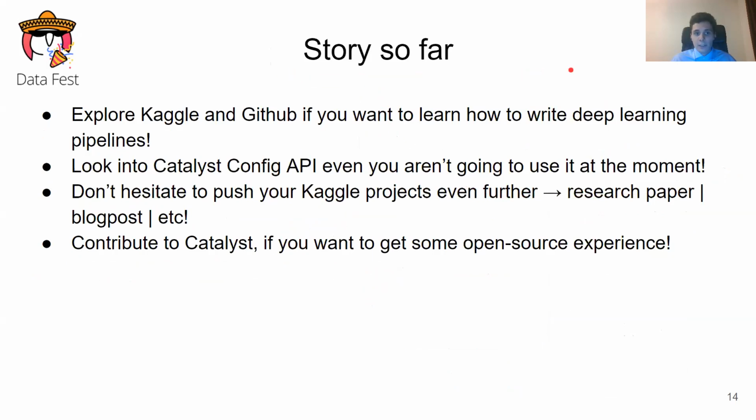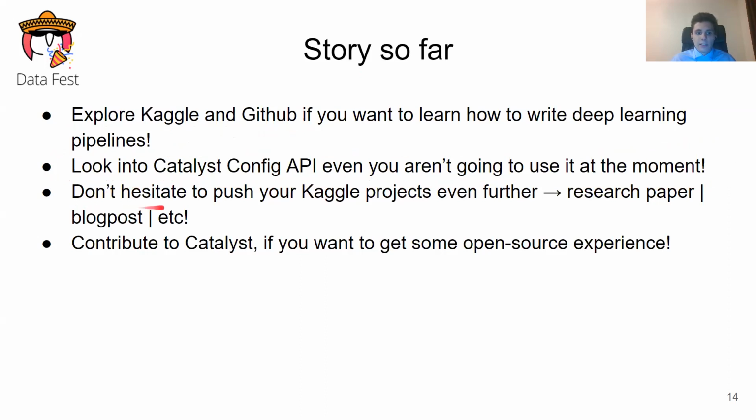So, story so far. Okay, if you want to learn how to write deep learning pipelines, you may explore Kaggle and GitHub. You may also want to look into Catalyst Config API, even if you aren't going to use it at the moment, because it gives you a great intuition on how things should be structured and how you should structure your experiment parameters.